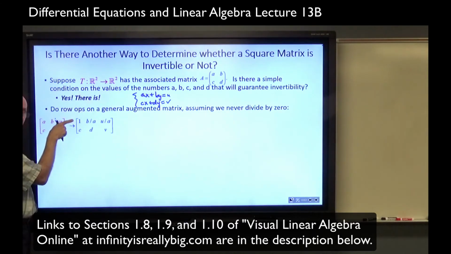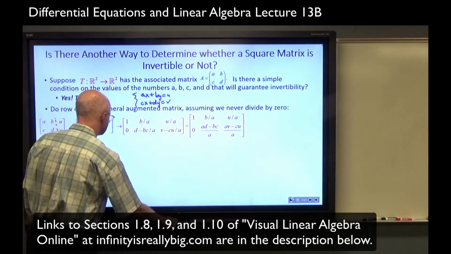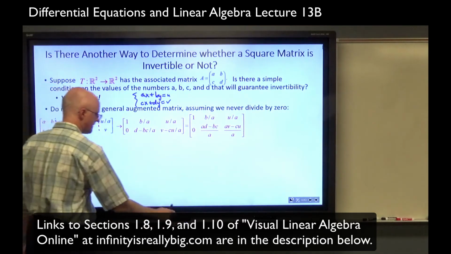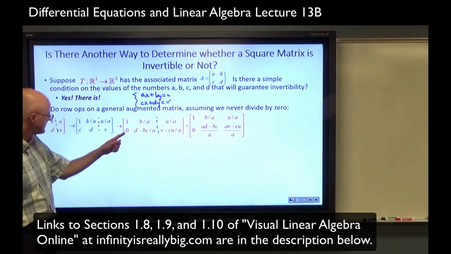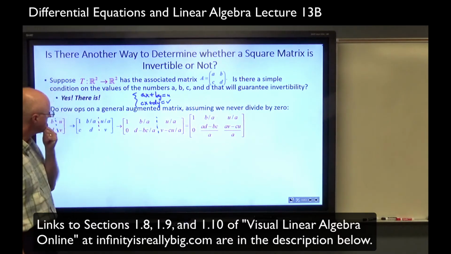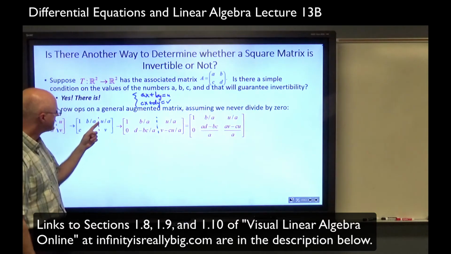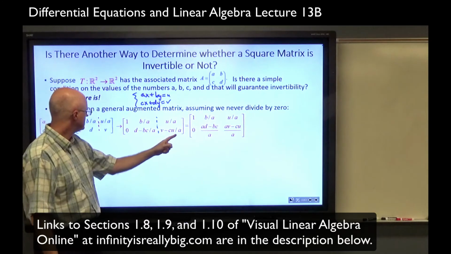So we need to multiply row 1 by negative C and add it to row 2 and put the answer in row 2 to get a 0 there. There's a 0 there. What about there? Negative C times B over A plus D is D minus BC over A. And negative C times U over A plus V is V minus CU over A.